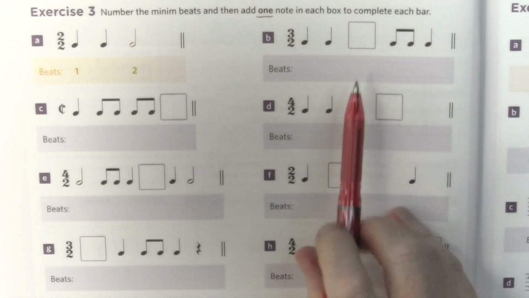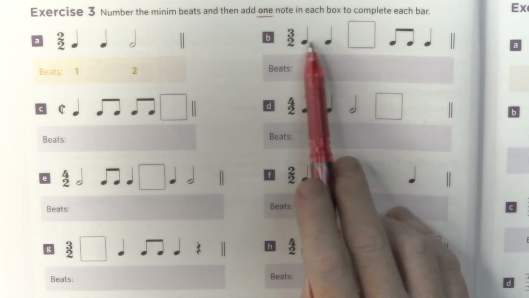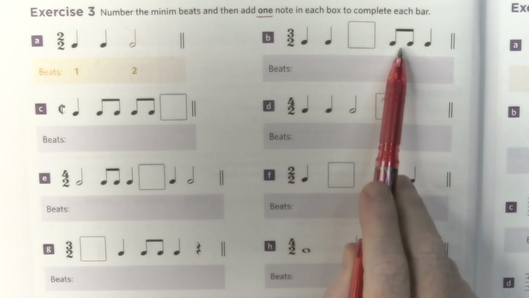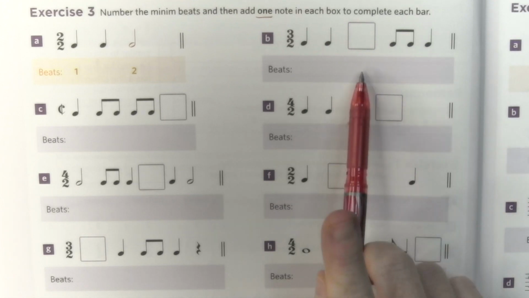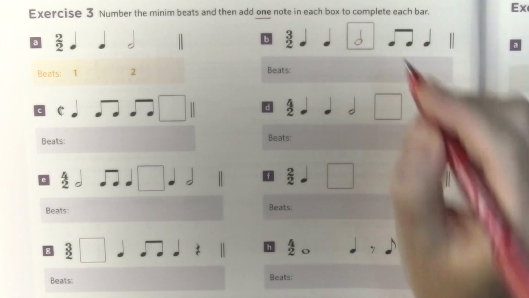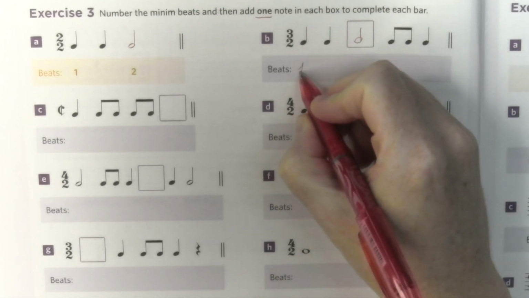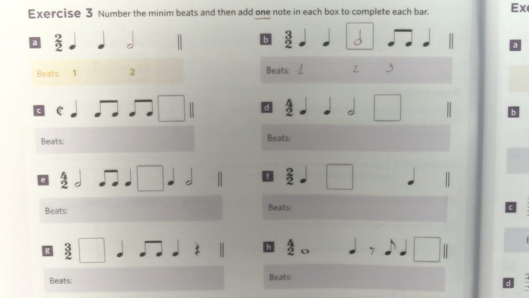This is important. Why? Because I need 1 minim here. And 1 minim could be made of 2 crotchets, 4 quavers, or any combination. But I need only 1 item. So 1 minim. And the beats are 1, 2, and 3. Every start of the new minim.